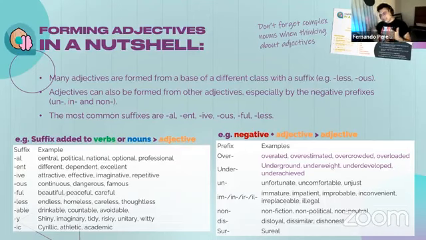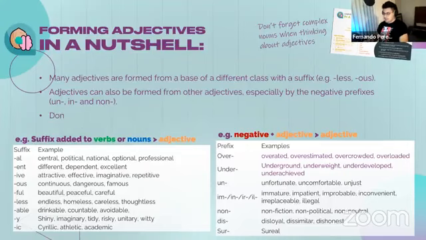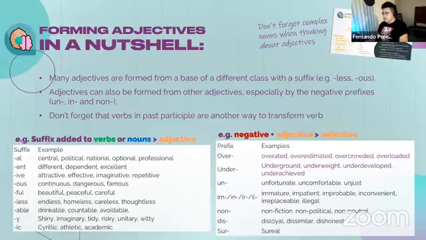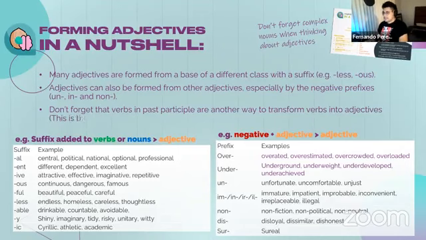And now we use the rest of the suffixes: ent, al, ive, ous, ful, less, able, and ic. Don't forget that verbs in past participle are another way to transform verbs into adjectives. This is the basis behind passive verbs.